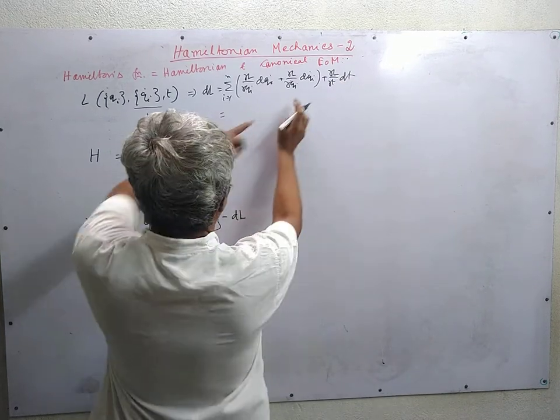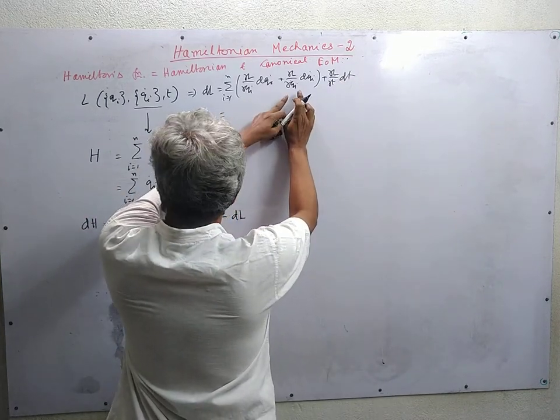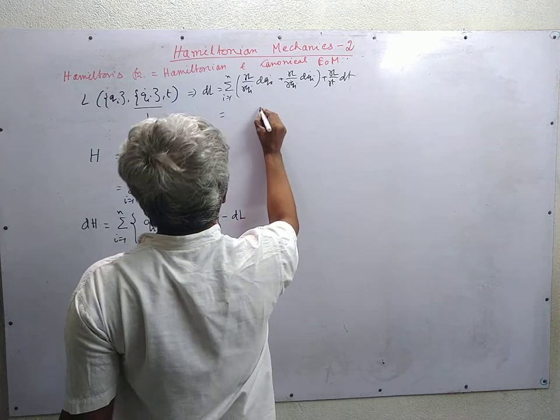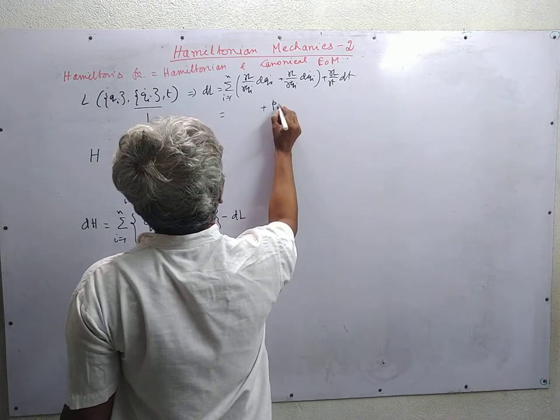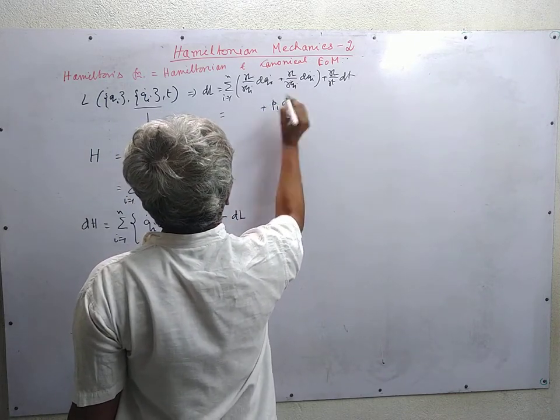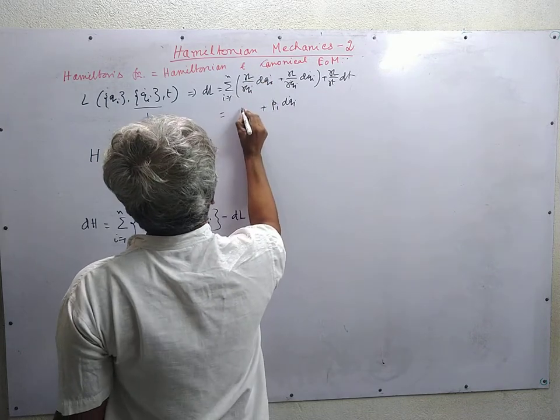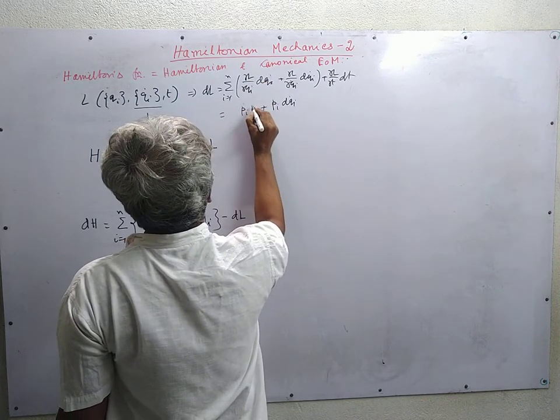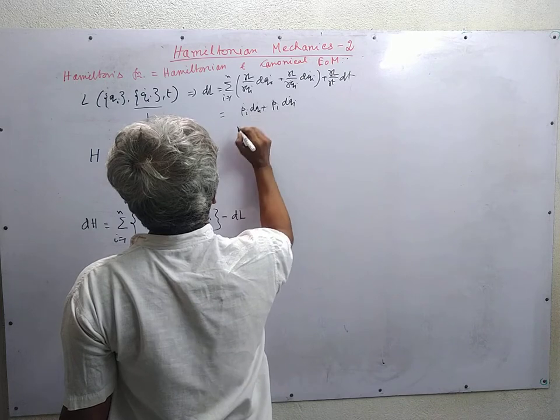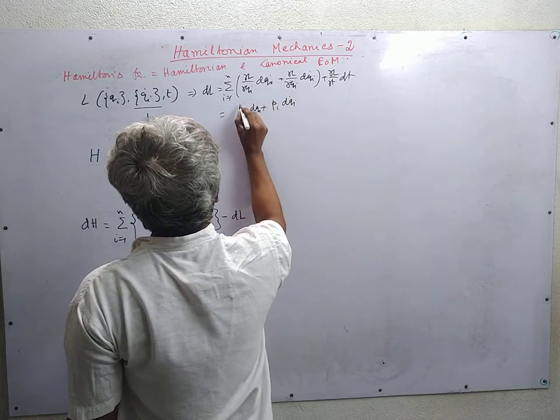Now for this part, ∂L/∂q_i dot is p_i. So this is p_i dq_i dot, and this is p_i dot dq_i.